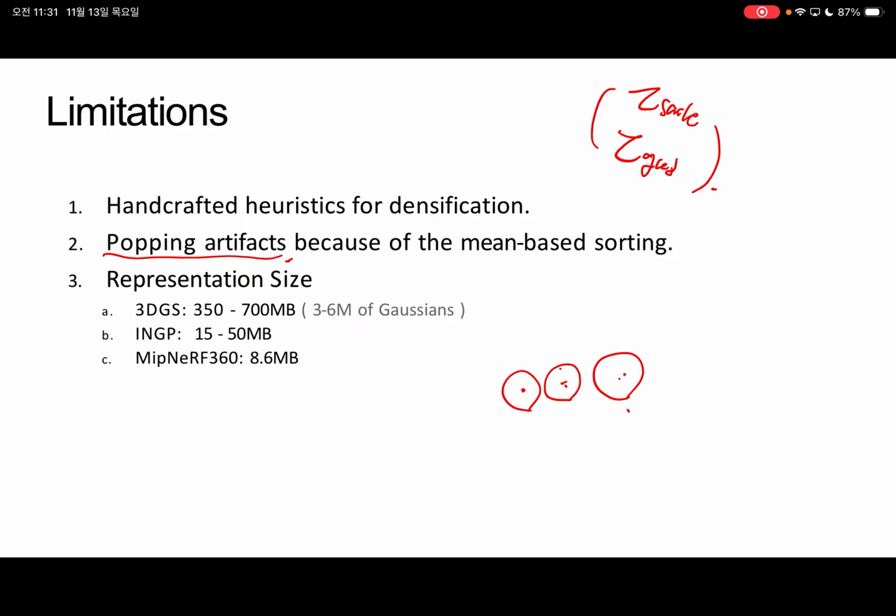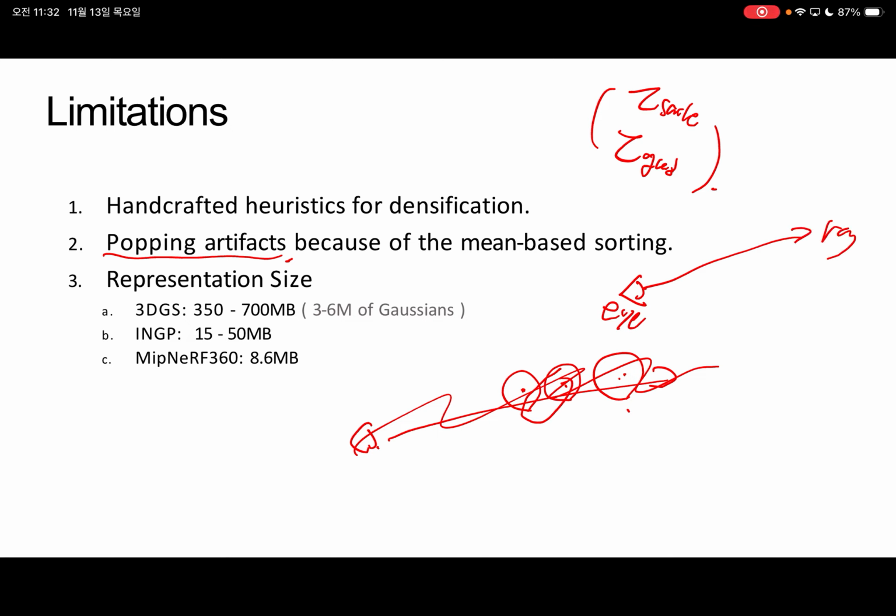So in some cases, let's say this is the ray, this is the camera, so let me draw again. This is the eye, and this is the ray, and there are some Gaussians like this one.